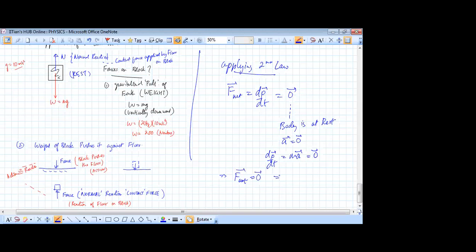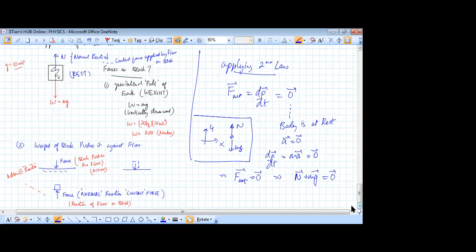So if I now take a coordinate frame like this, this is my x-axis, this is my y-axis, I can see that the normal reaction force is vertically upwards and mg is vertically downwards. So net force kya hoga? Inka vector sum ho jaayega. So normal reaction plus mg as vectors, their resultant should be 0.